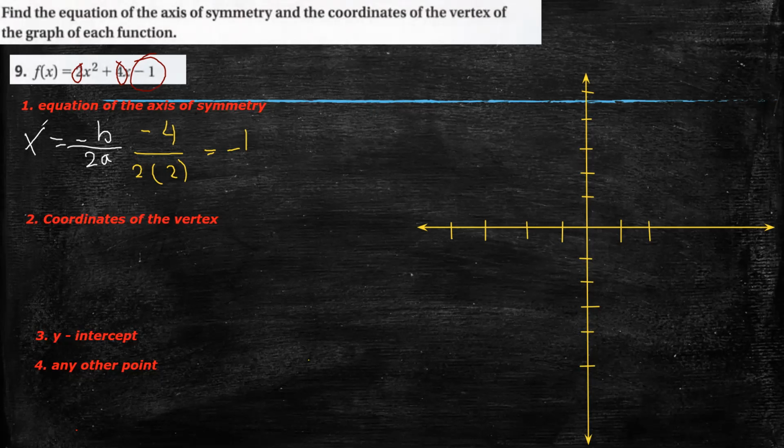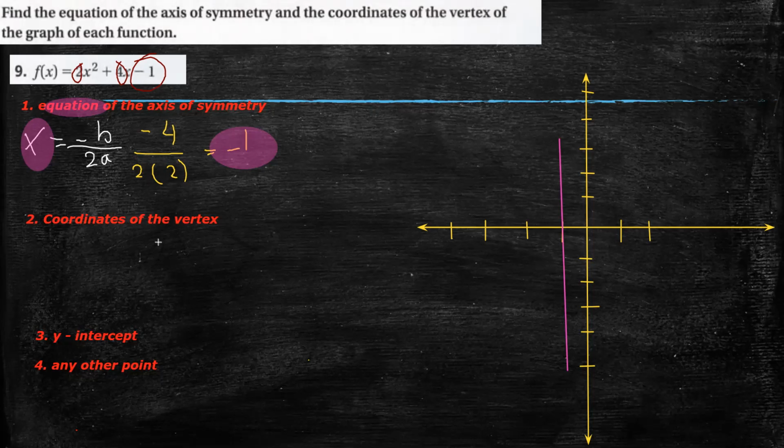Now, at x equals negative 1, this is my equation of the axis of symmetry. Where is x equals negative 1? Here, at this point exactly, you have the equation of the axis of symmetry.